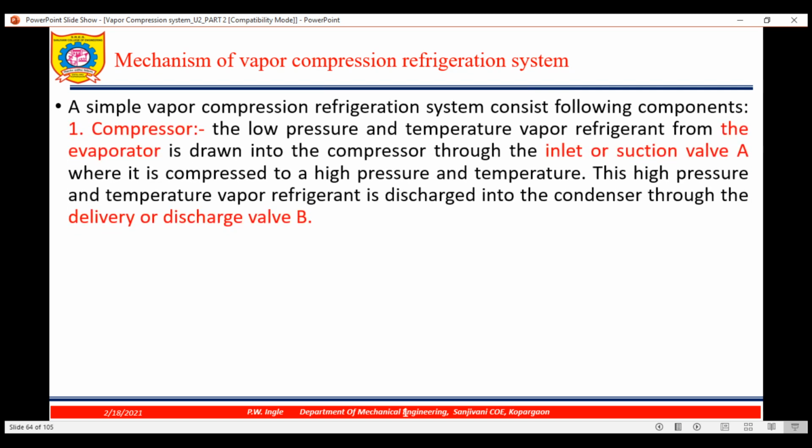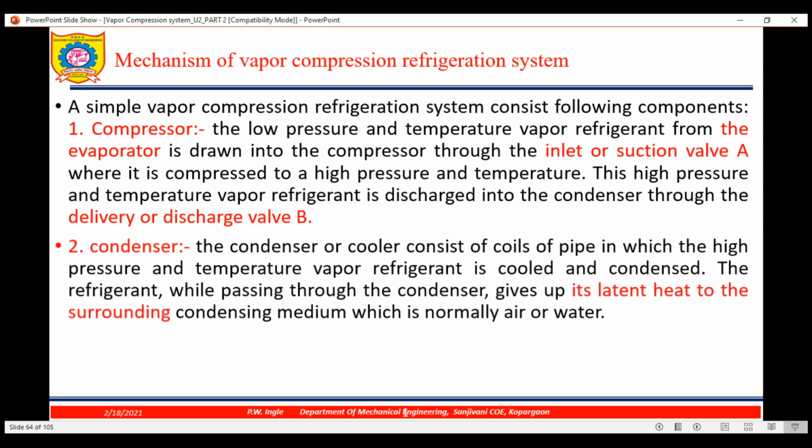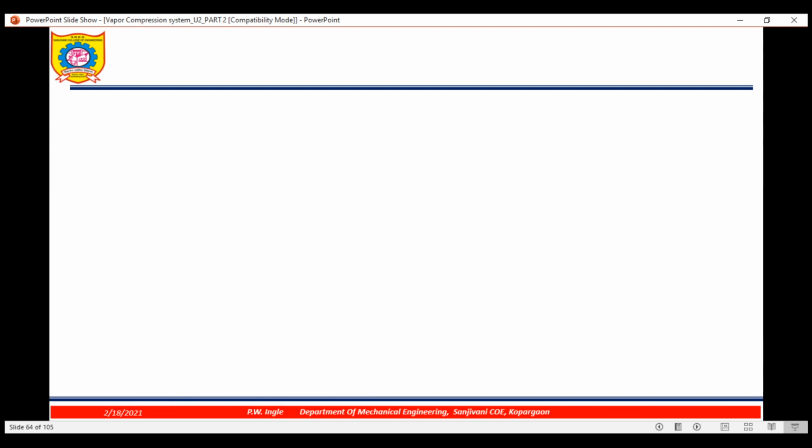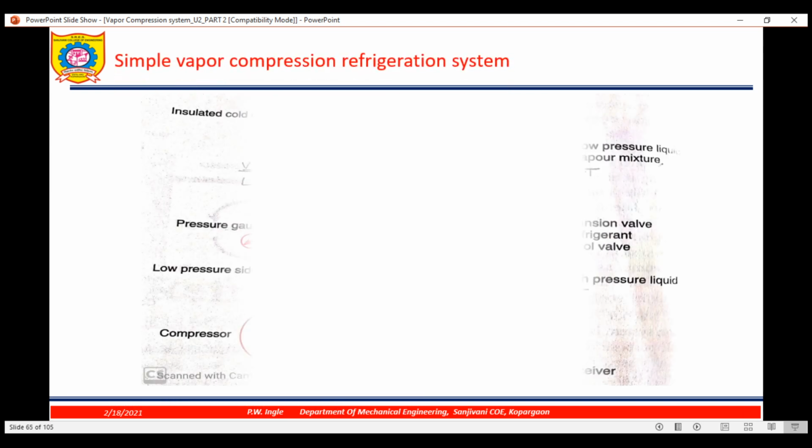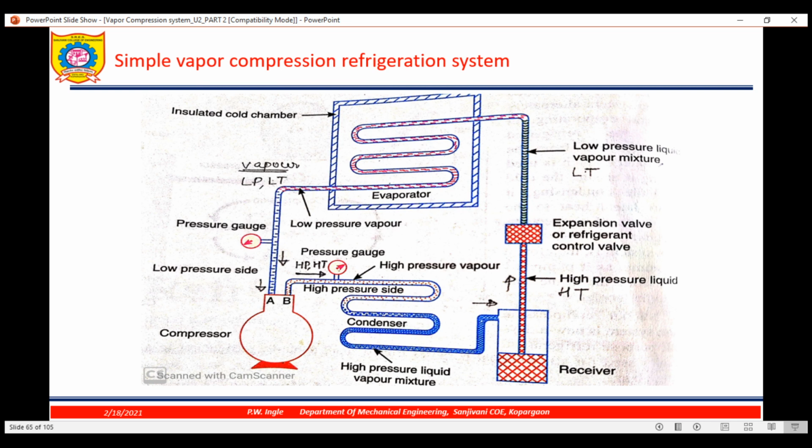So, a simple vapor compression refrigeration system consists of following components. Number one is compressor, number two is condenser, number three is receiver. Then number four is expansion device, and then capillary tube. So these are the most important components of vapor compression refrigeration cycle.